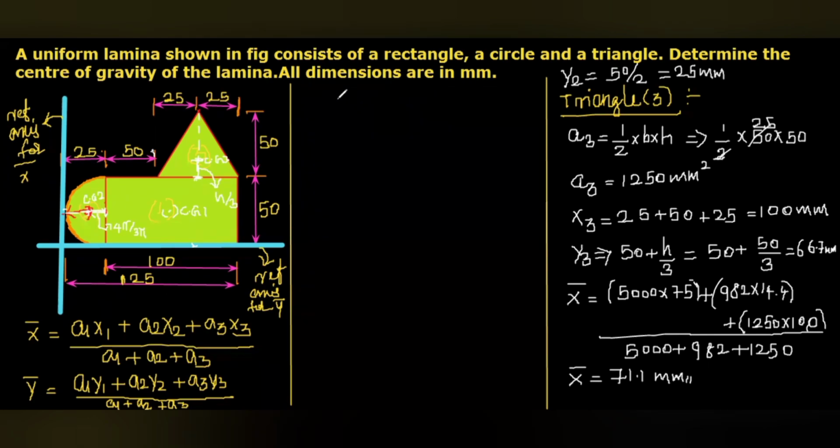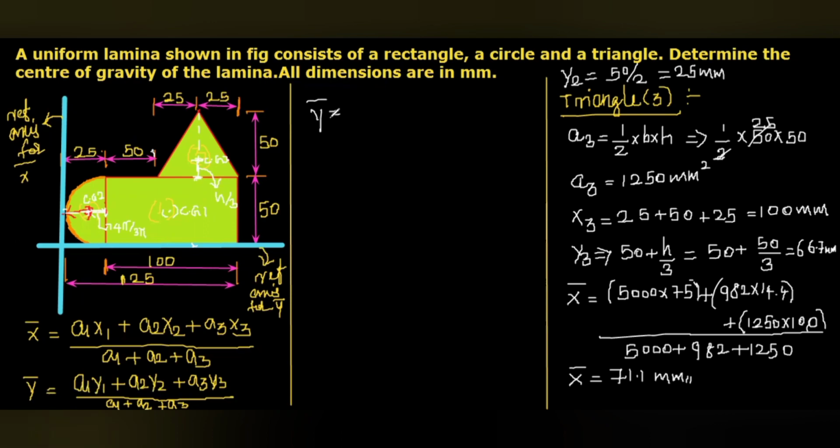Then y bar. The y bar formula we already noted here. Substitute the values of a1 y1, a2 y2, a3 y3 divided by a1 plus a2 plus a3 in this formula.